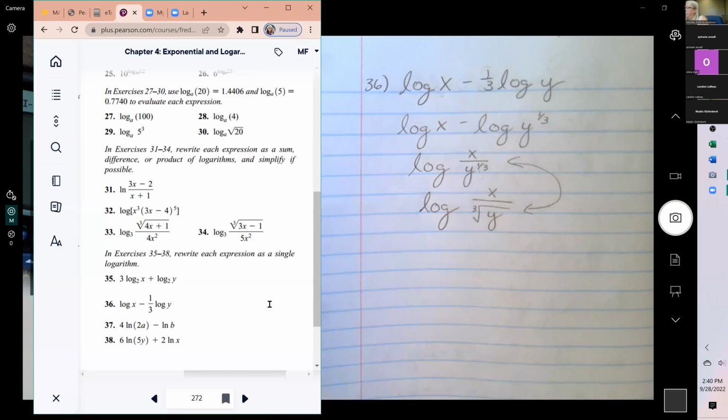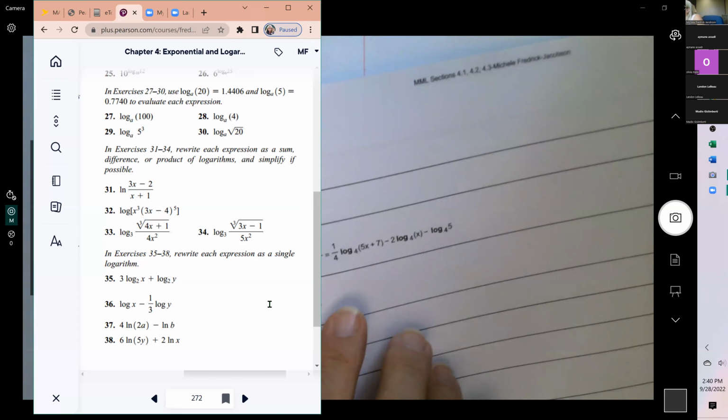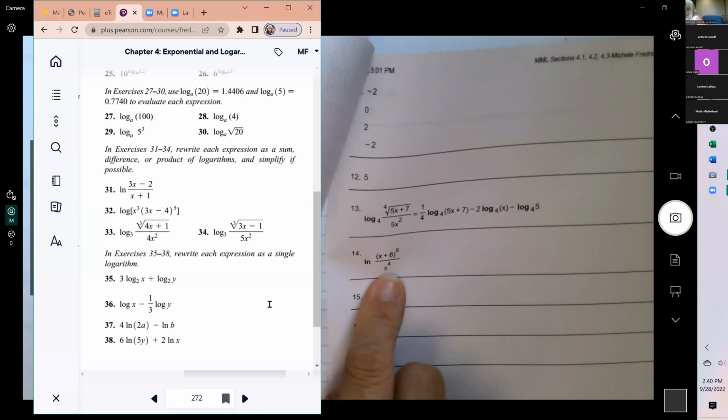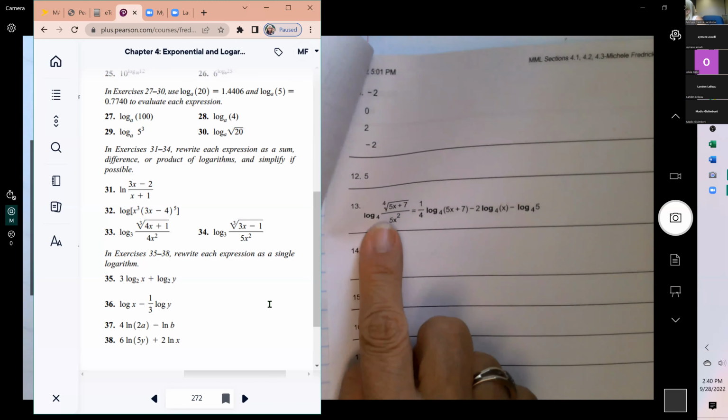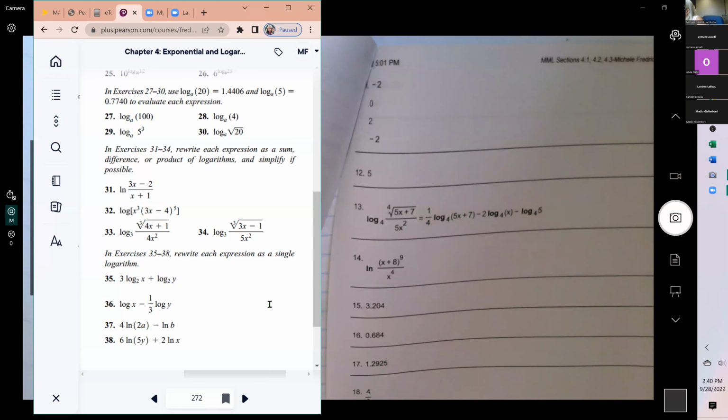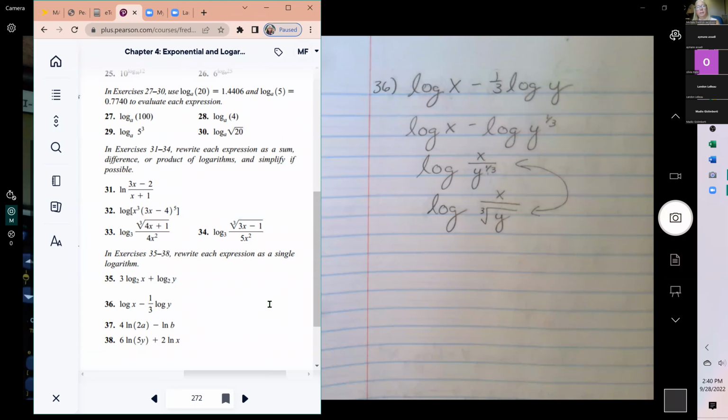Okay, the one I have doesn't have a fractional exponent, so I didn't have to worry about it. I don't think you'll come across it, but on a test, I would accept either way.